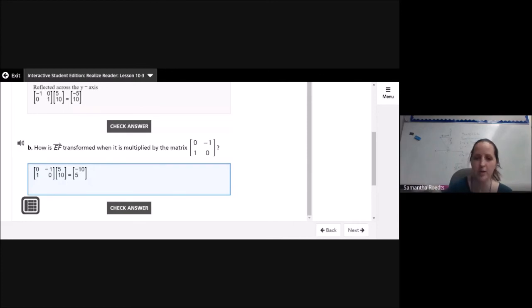So I took my vector and rotated one quadrant over. It flipped my x and y, and my new x value became negative and my new y value stayed positive. So this was a rotation of 90 degrees about the origin.